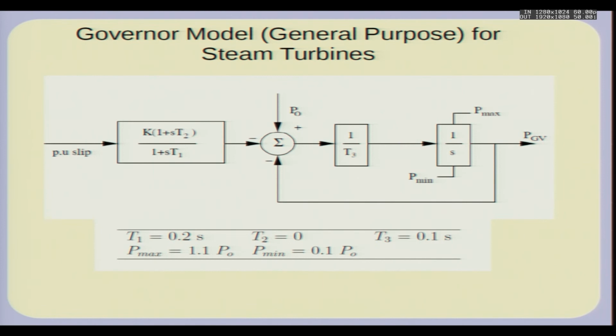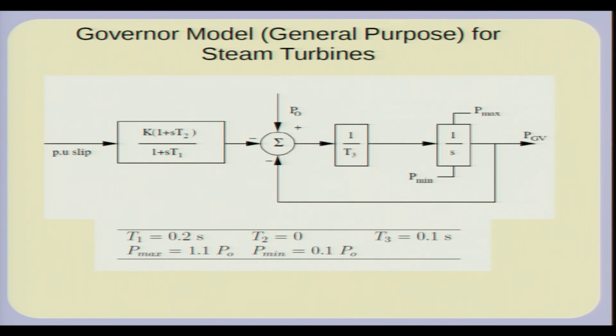This is something you can try to read up in a book which discusses this. This transient droop compensation in a hydro turbine is discussed in books on power systems. I can refer you to the book by Kundur on power system stability.